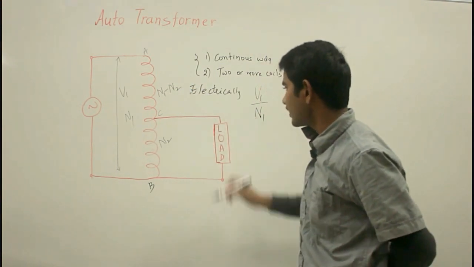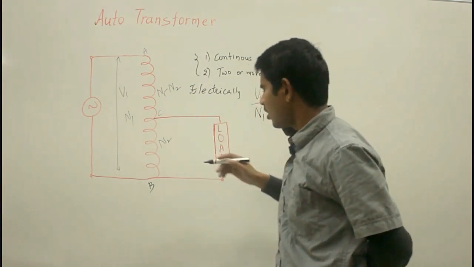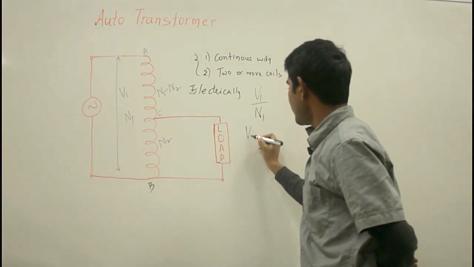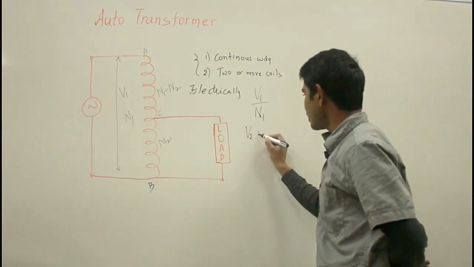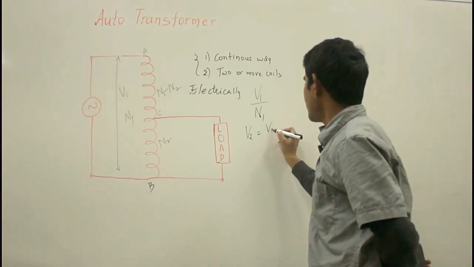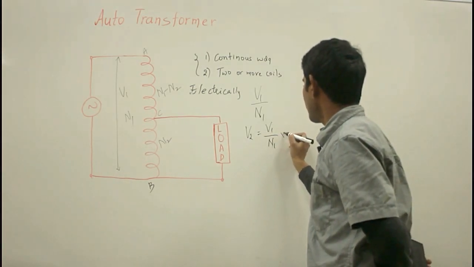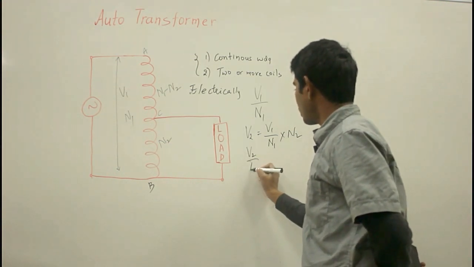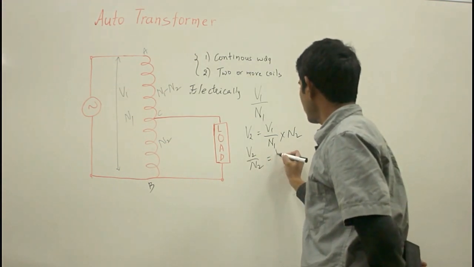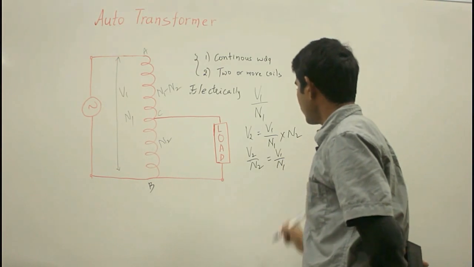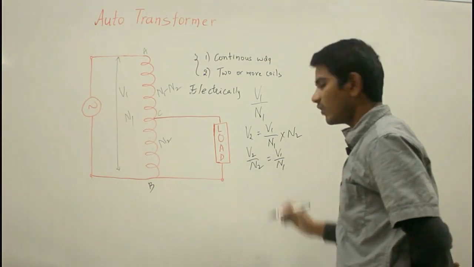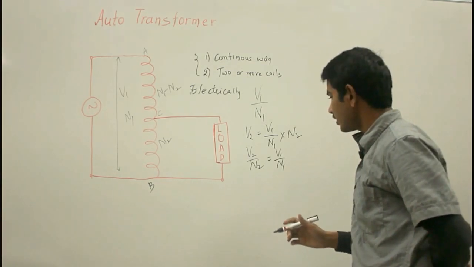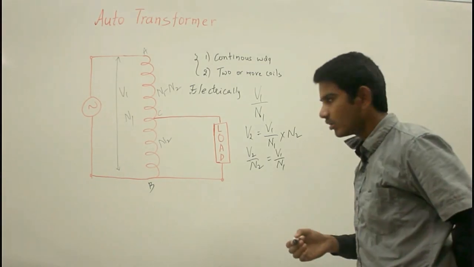Now this is my secondary side, and the voltage V2 is given by V1 upon N1 into N2. So V2 upon N2 is equal to V1 upon N1. The ratio N1 by N2 is the turns ratio of a normal transformer, and it is given by K.